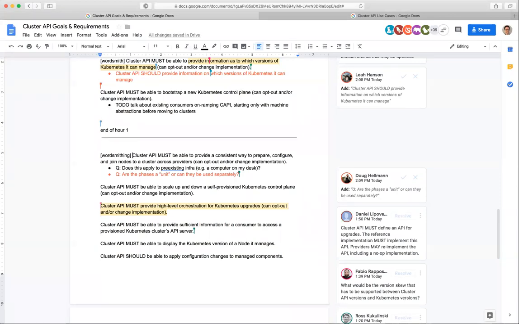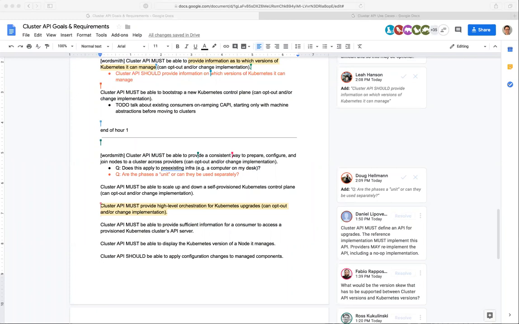Yeah, I think we don't have very specific language around these things, even in terms of which providers assume that some machines already exist, and which providers call out to some APIs in an IaaS environment where those APIs result in some machines coming up. We lack a common language there.